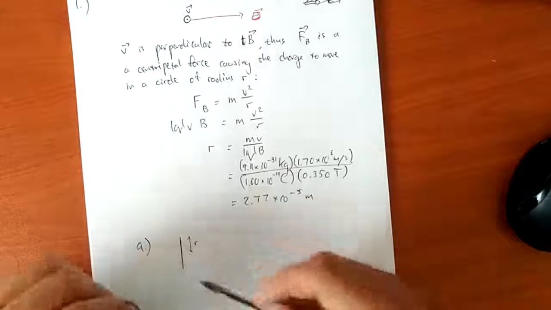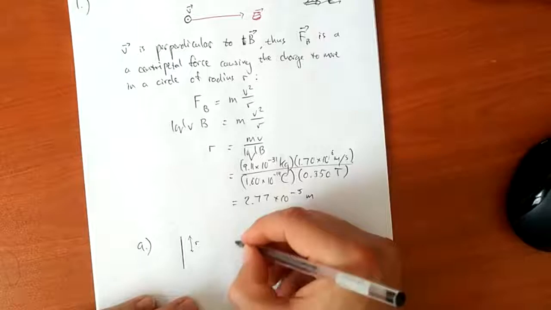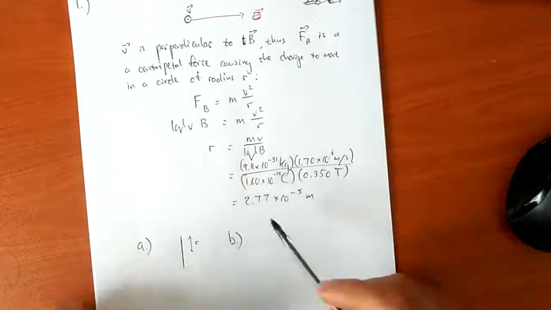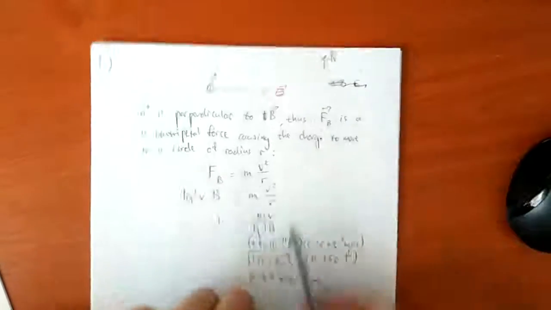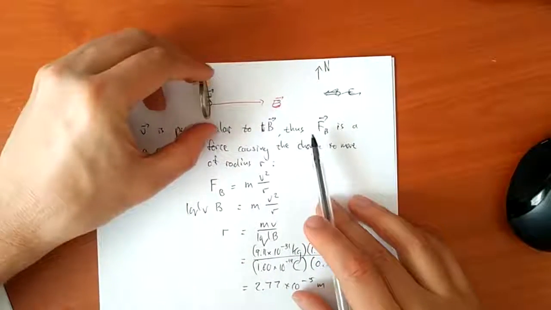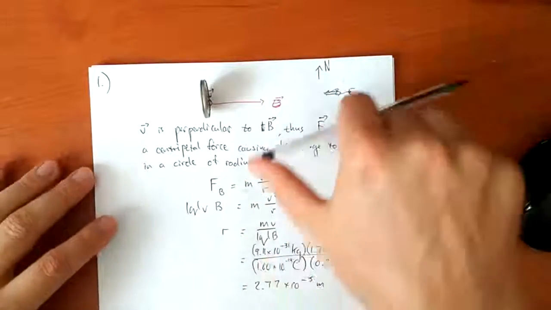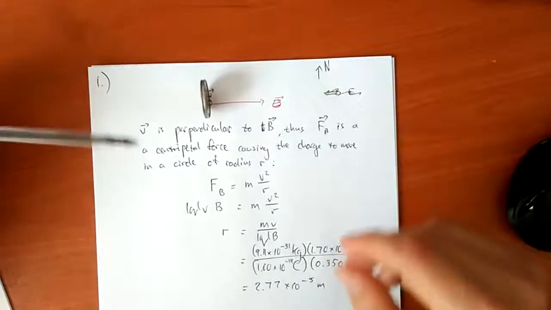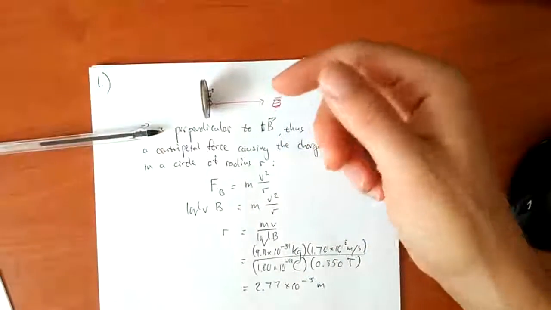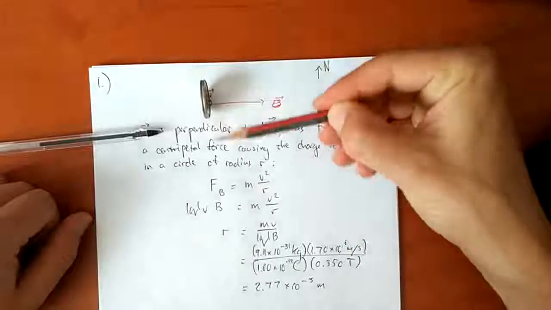Okay, so how about B? B asks from the west. Which would be the west side? That is north, that is east, so that's west. Someone looking from the west would see this, and I already figured out that it will move like this around the circle.